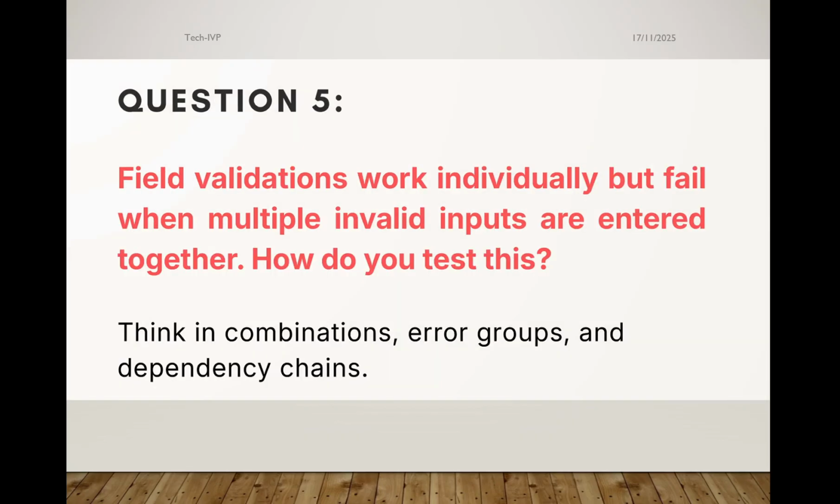The next question is, field validations work individually but fail when multiple individual inputs are entered together. How do you test this? Think in combination. First, you can use test case design techniques. In testing we have a total of 5 test case design techniques, and you can use any one approach.